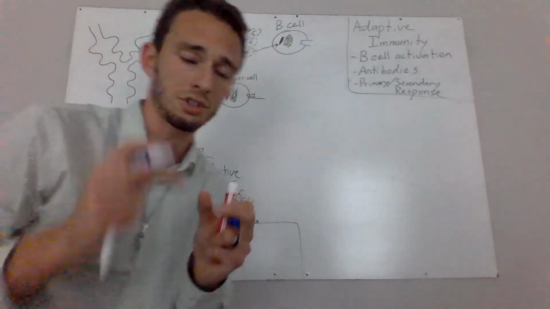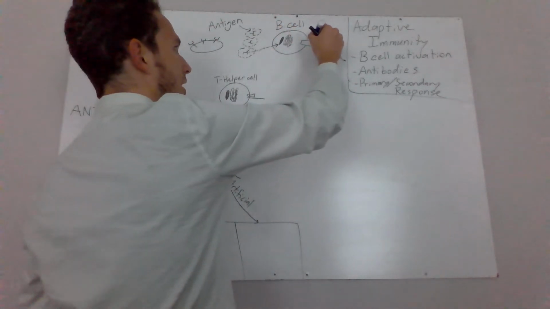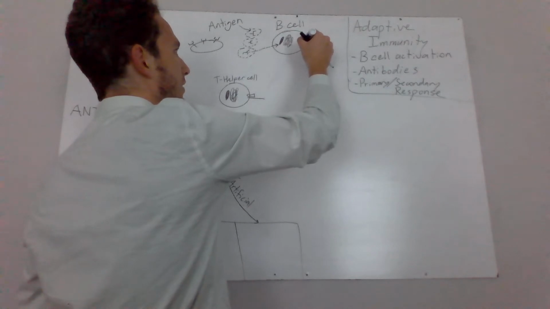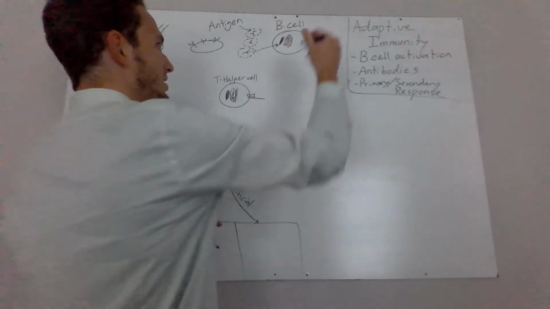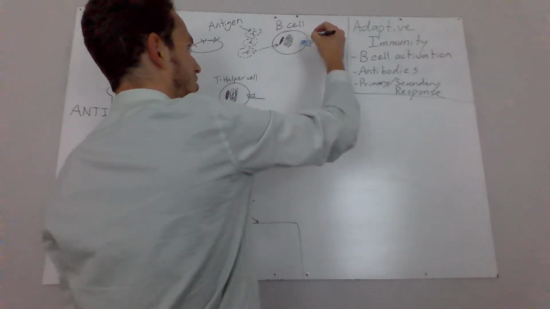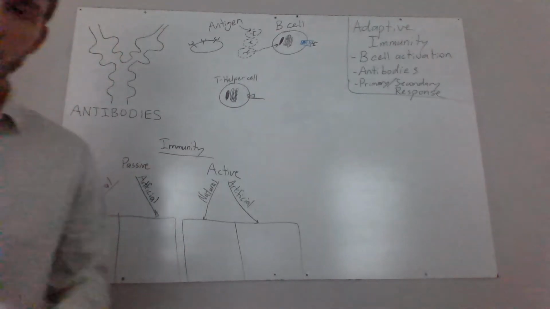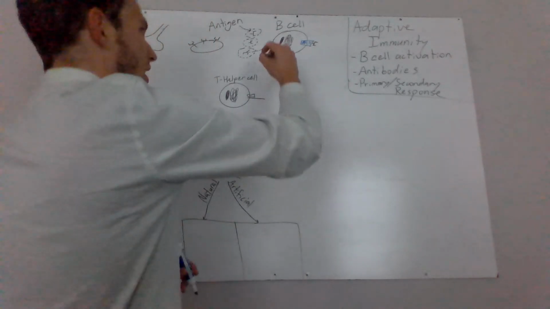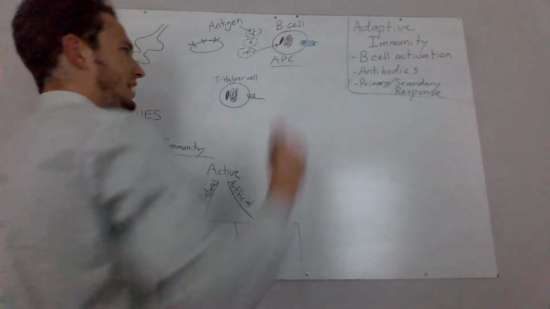That flag holder is going to hold the flag, which will be the antigen. So MHC2 is going to place its flag, the antigen from the bacteria, into its flagpole. Great. So now we can consider this B cell a professional antigen-presenting cell because it's presenting an antigen.